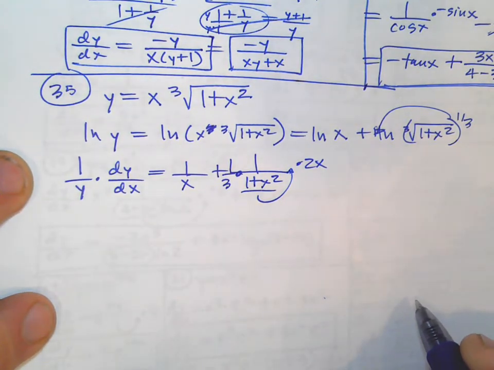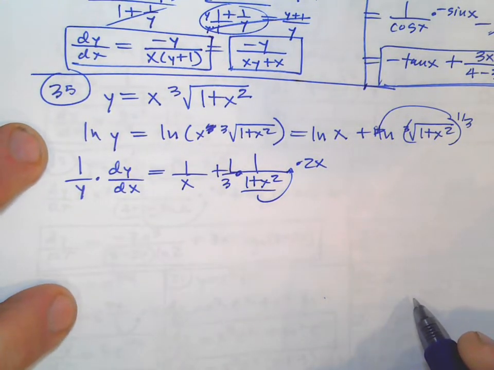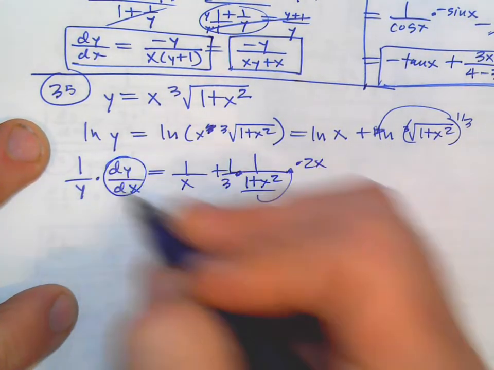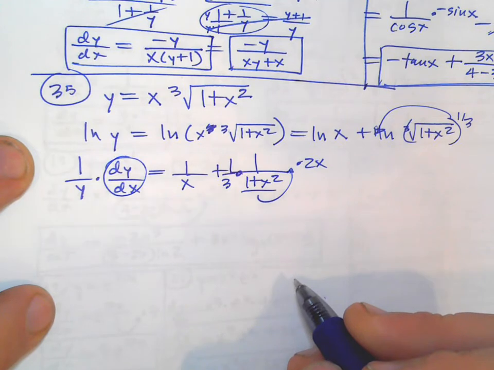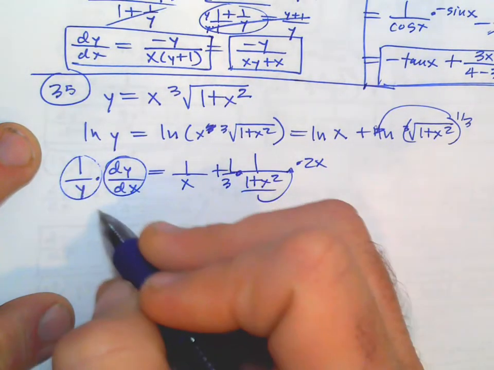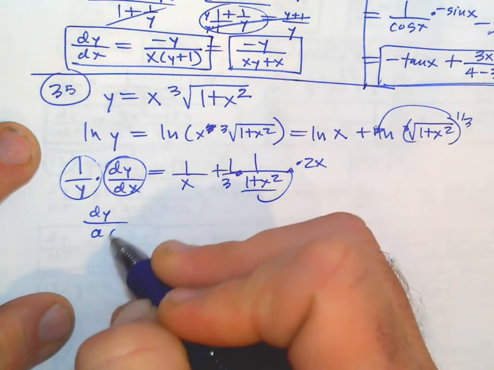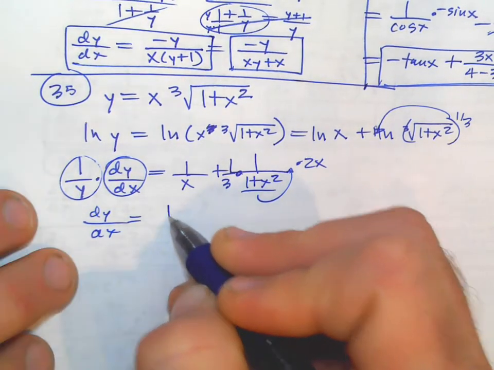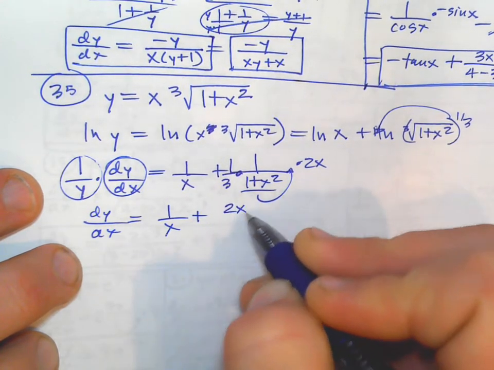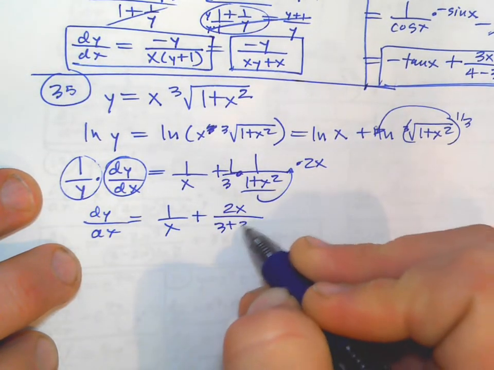Now, we want dy dx, so we're going to solve for this. So dy dx equals 1 over x plus 2x over 3 plus 3x squared.